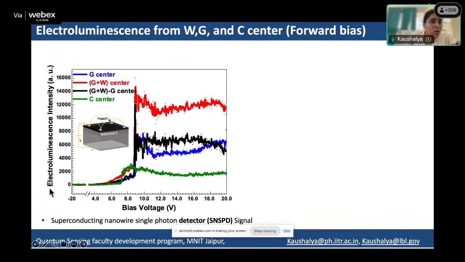In this case, we did not use any laser to excite these color centers, and instead we did it electrically, which comes in handy if you are trying to make nanoscale devices, where if you always have to use lasers, then lasers will be limited by diffraction. Compared to that, in the electrical case, you can always make nanoscale features.